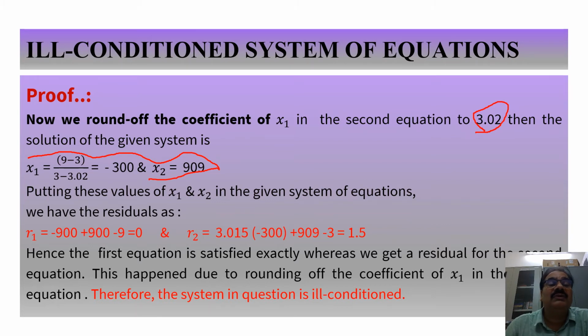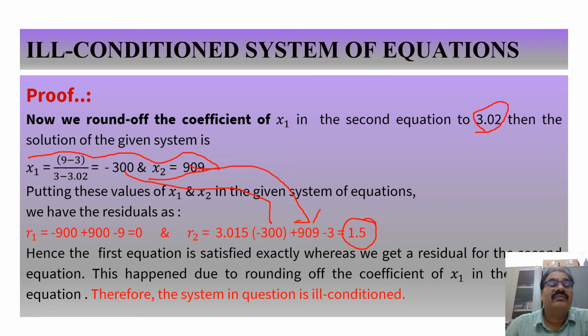Putting these values of x1 and x2 in the given system of equations, we have the residuals. To check the remainder term, r1 is equal to minus 900 plus 900 minus 9, which equals 0. But for r2, 3.015 multiplied by minus 300, plus 909, minus 3, we get not 0 but 1.5.